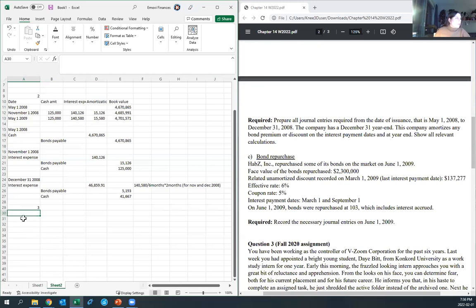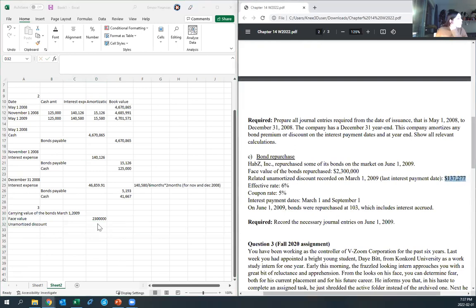So first, we want to find our carrying value of the bonds on March 1st, 2009, so we can calculate our interest expense from March 1st to June 1st. So we have our face value of 2.3 million, and we have our unamortized discount of $137,000 here.